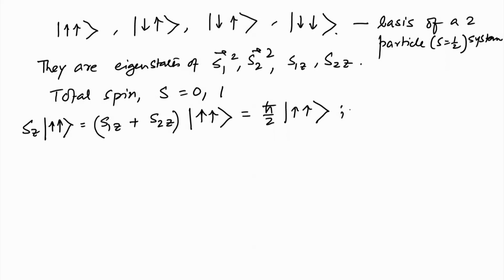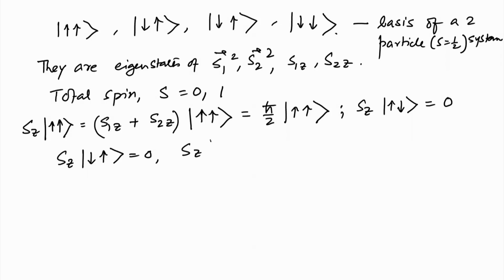Similarly, Sz acting on up, down would give me 0, because S1z will give me a plus H cross by 2 and S2z will give me a minus H cross by 2. And similarly, Sz acting on the down, up state should also give me 0.